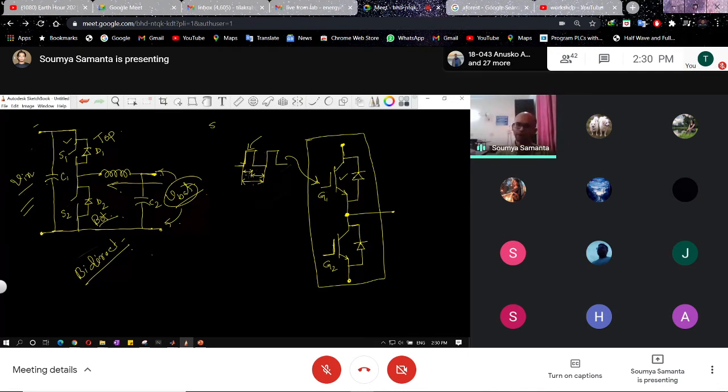The moment it gets a positive voltage, the switch will be turned on, meaning this part will be short circuited. The moment it gets 0 voltage, it will be turned off, meaning the switch will be cut out. So whenever the gate pulse is on, it is turned on, and whenever the gate pulse is off, it is turned off.